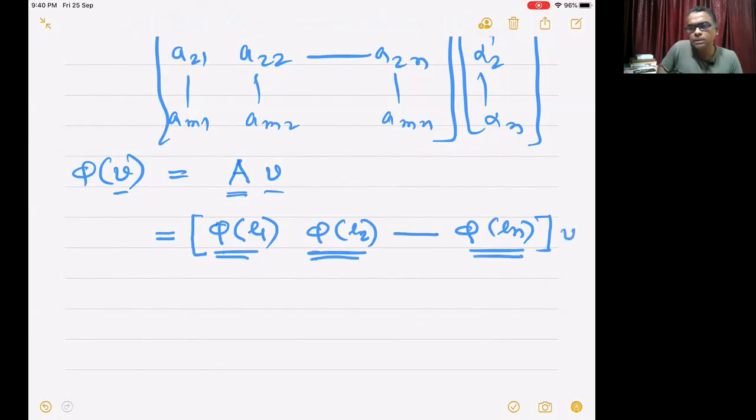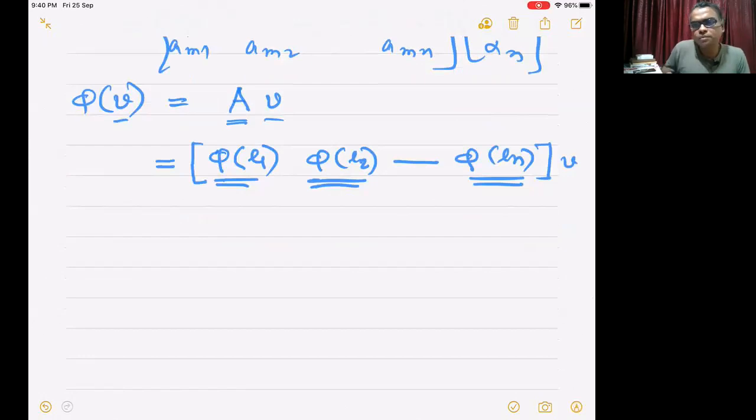And this should not come as a surprise, because what is the first column of A anyway? The first column of A is in fact A multiplying E1, right? The second column is A multiplying E2, and so on, A multiplying En.